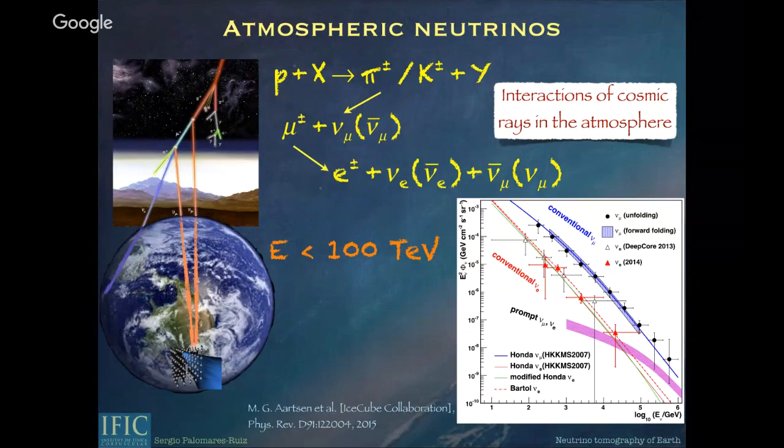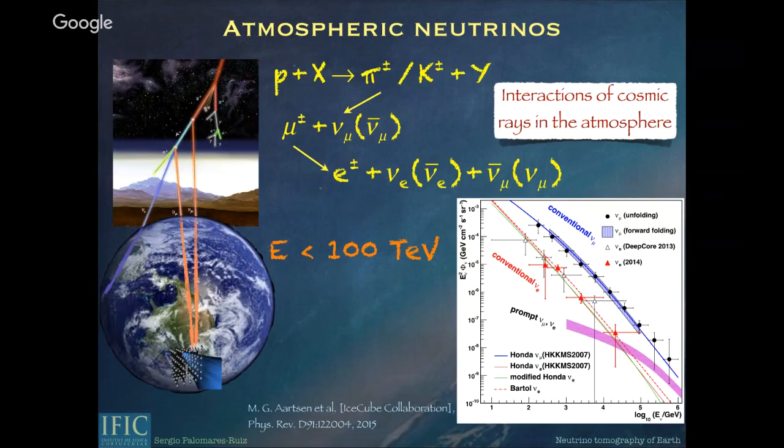This is a steeply falling flux, something like E to the minus 3.7, and it is the dominant flux up to energies of about 100 TeV, where cosmic neutrinos start dominating.